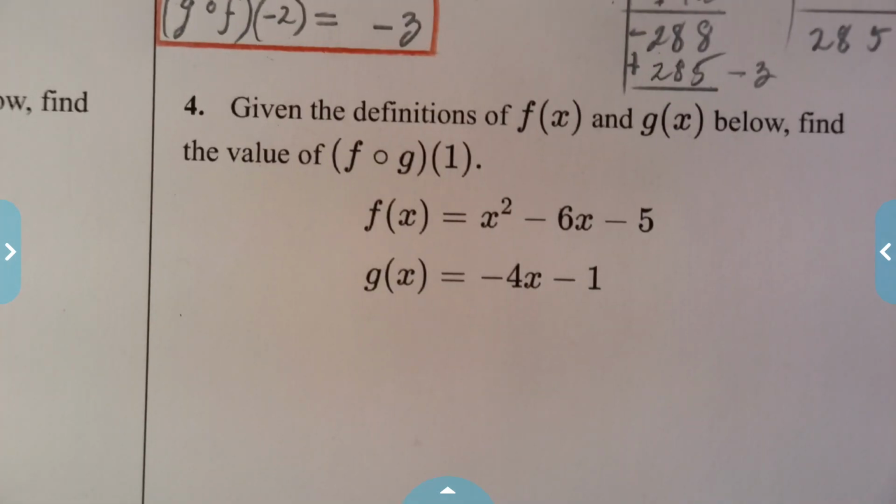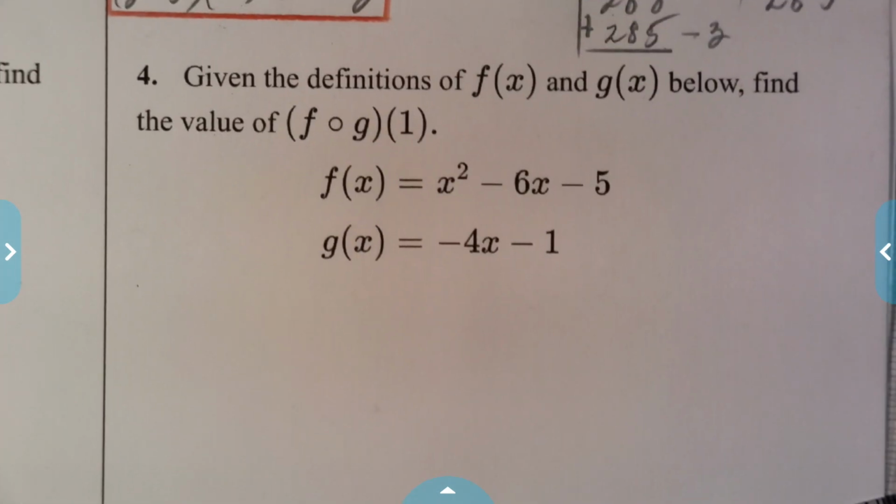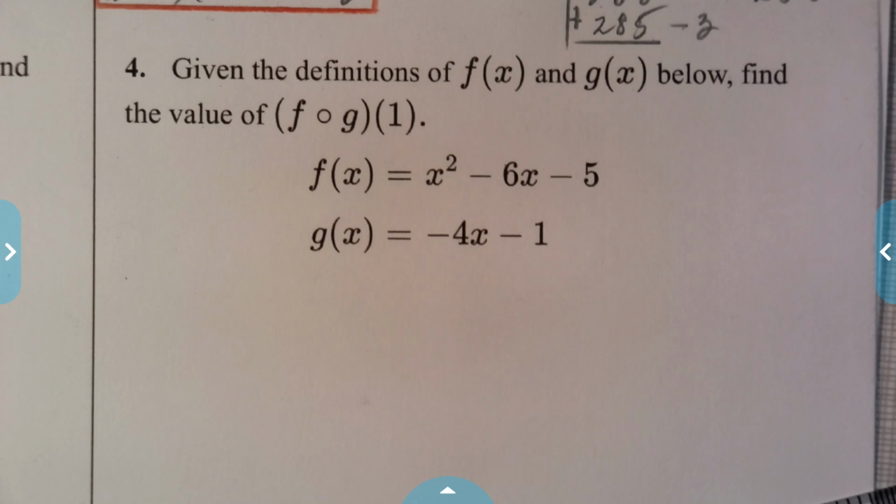Okay. All right, so we're moving on to number 4, and here we are again going to compose two functions, but this time we have the fog function, f of g of 1. So first we're going to do f of g of x, and then we'll evaluate that composed function at 1.